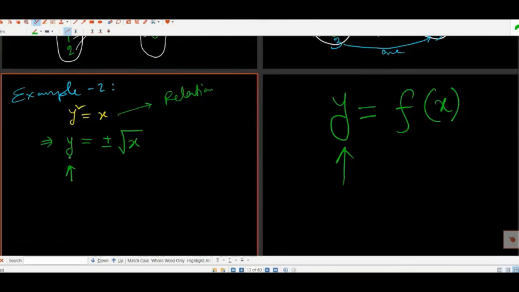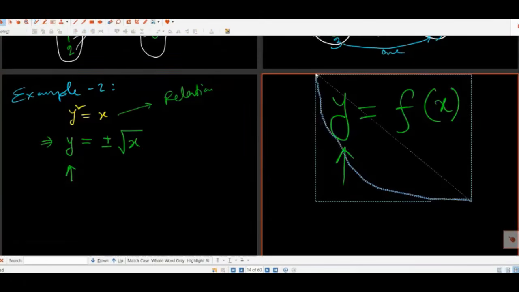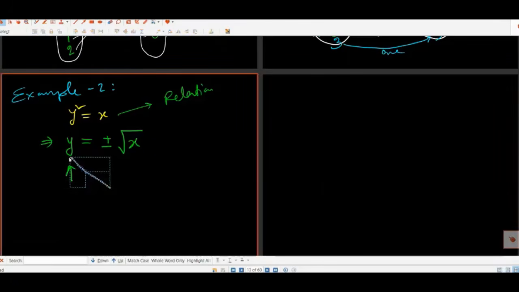Okay, is it clear to you? Yes, sir. There is another question that may be trickling in your mind: why are we writing positive and negative here? This is because we started with y squared.